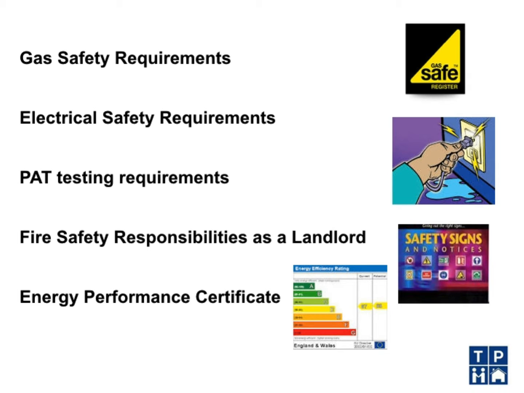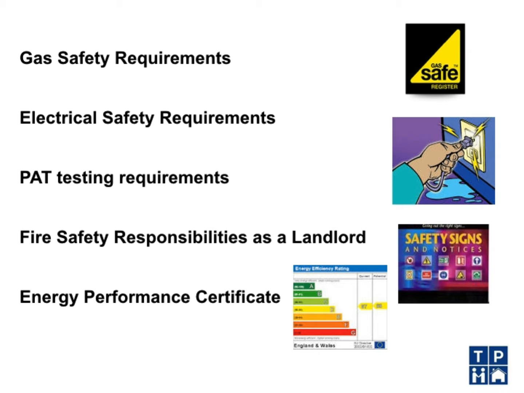Now, if you furnish a property and you put electric goods into it, portable goods, maybe a fridge or a freezer or a microwave, cooker, that sort of thing, then there's something called PAT testing that you need to meet. And that's portable appliance testing. And you need to make sure that you comply with those regulations where you're having regular checks done on those portable appliances. If the portable appliances belong to the tenants, then there's no requirement for them to have them checked.